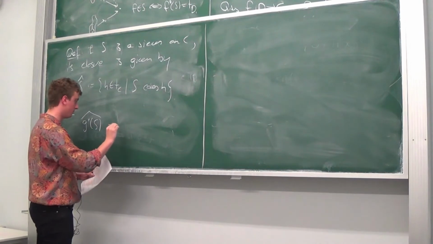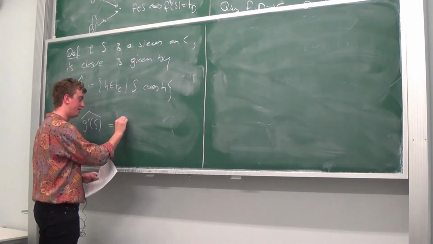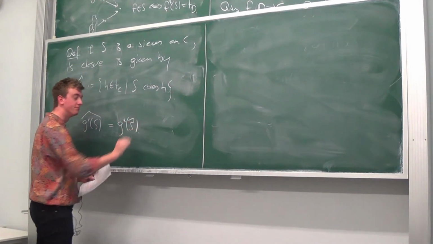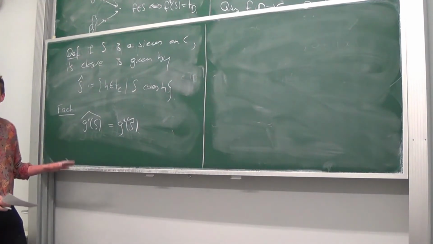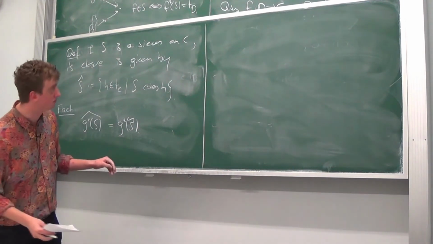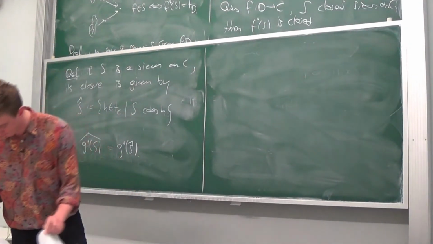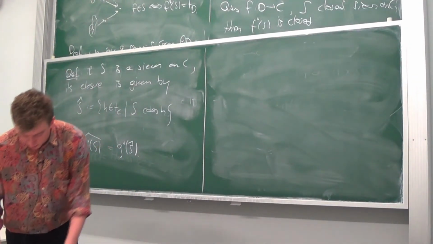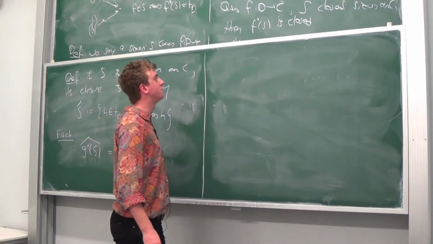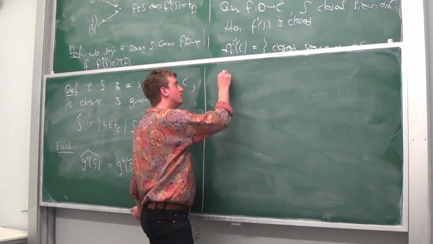This is going to be equal to pulling back the closure of S by g. This is the crucial property that makes everything work from now on. So the first port of call is to show that this is a sheaf.